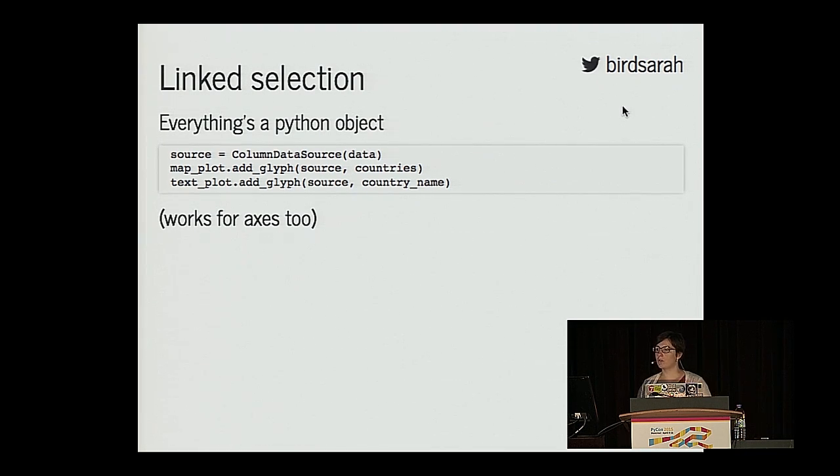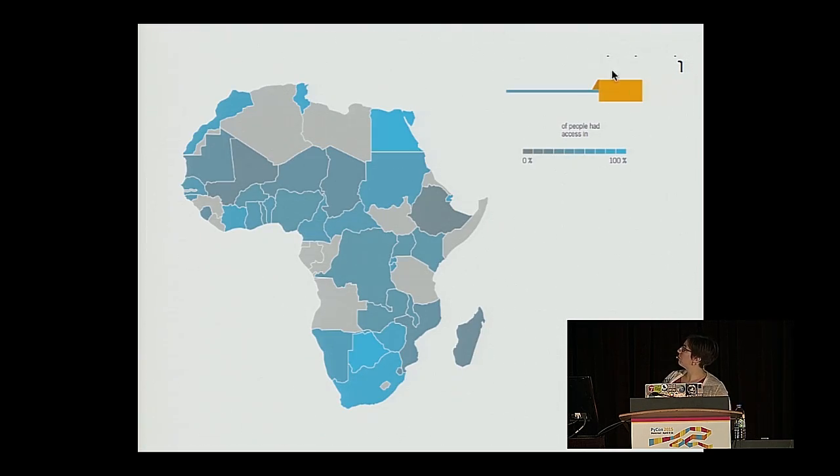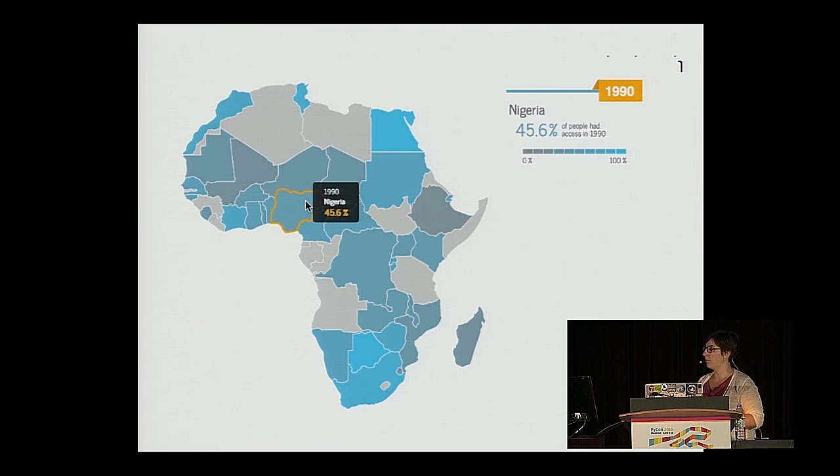And so what we can do is we can take our source that we've already created, and we can not only have that one source drive the map plot, but we can also have it drive the text plot. And so when we do that, here's some new sort of empty text that I've added, and there's some sort of holes here. But now when I click a box, that same row of data is powering both the map and that text box at the top. And these two are just linked together by virtue of they're sharing the same object.